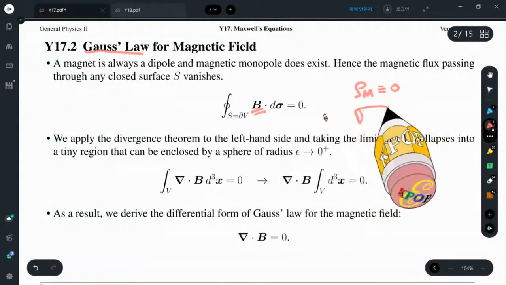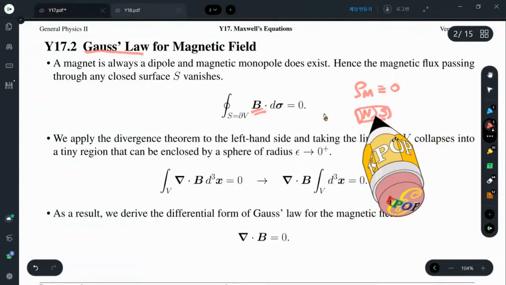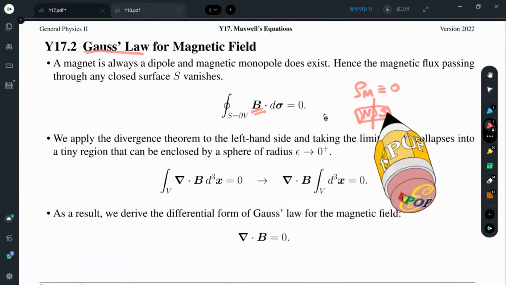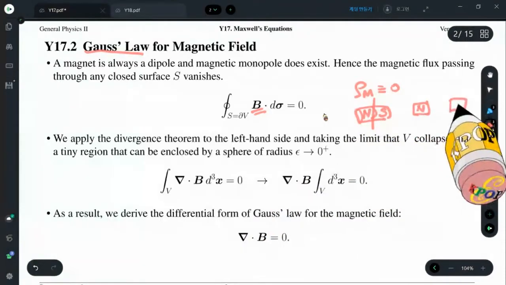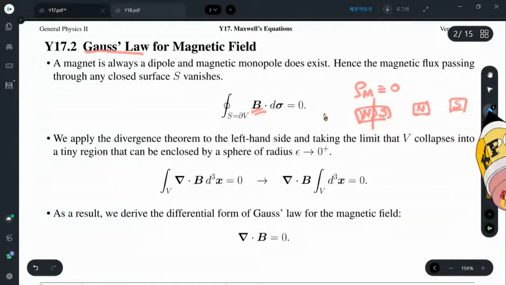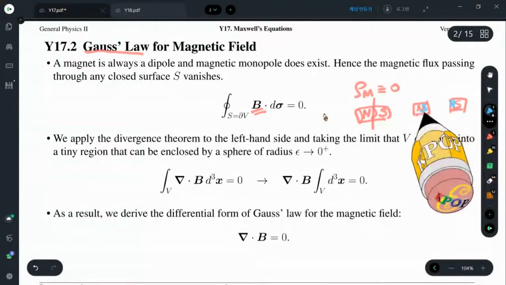Why? Any magnet consists of North Pole and South Pole. If you divide this magnet into two pieces, North Pole and South Pole don't separate. Instead, a South Pole is created here, and a North Pole is created here.